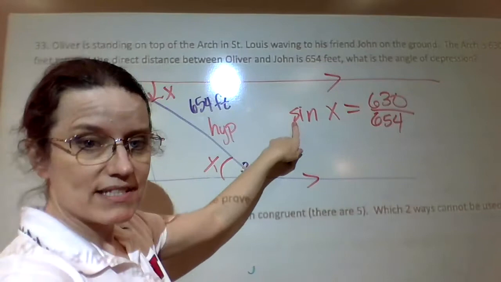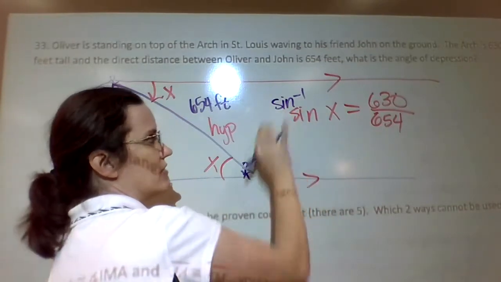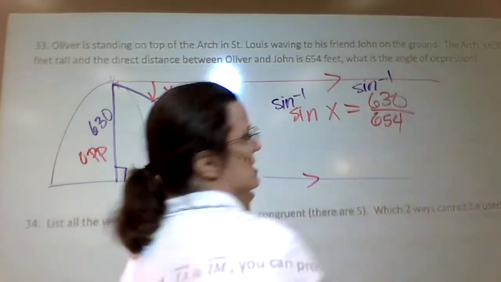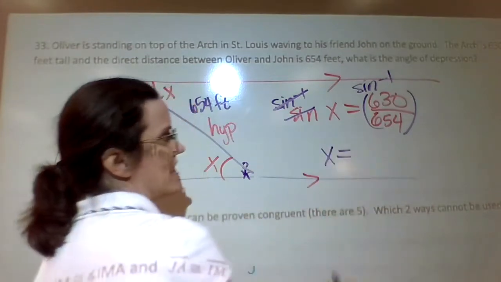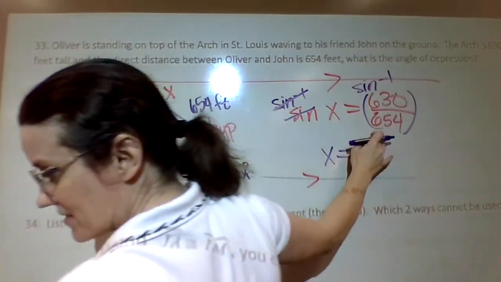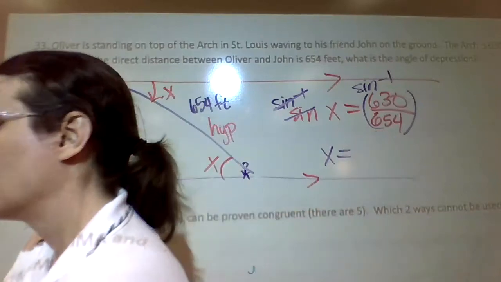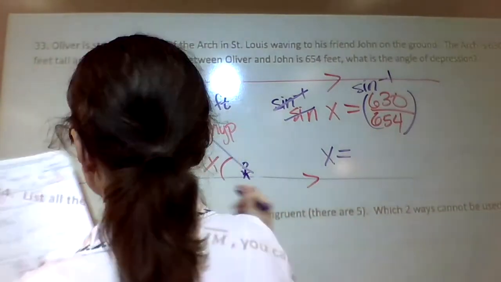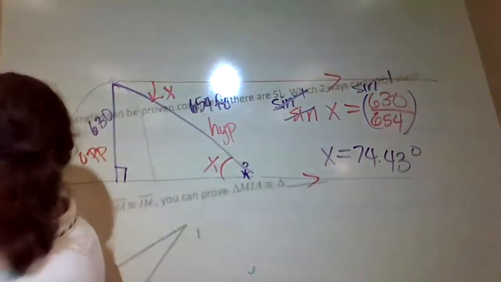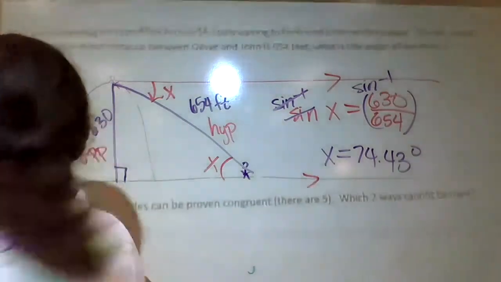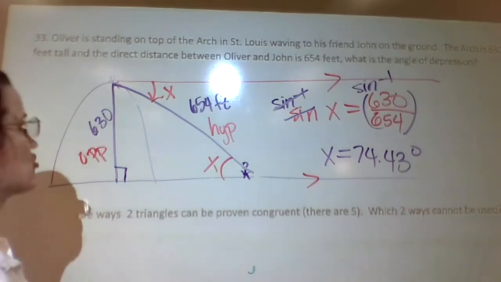So to remove the sine from the x, I have to do the inverse operation. When I do the inverse sine of this fraction, these will cancel, and I'm just left with x. When I put the inverse sine of 630 over this number over here, my calculations tell me 74.43 degrees. So there you go. That's the angle at which Oliver is looking down at John.